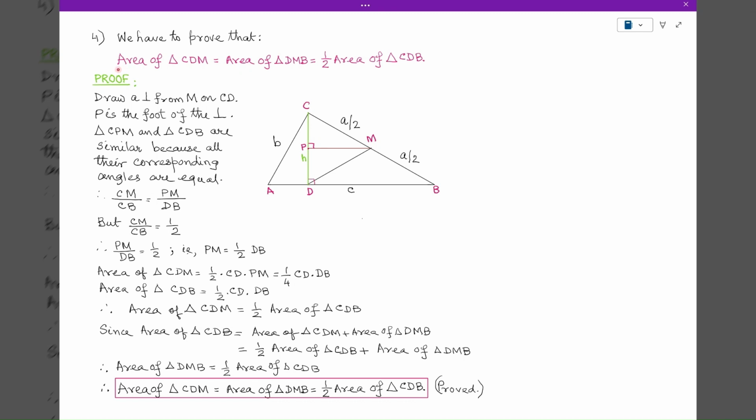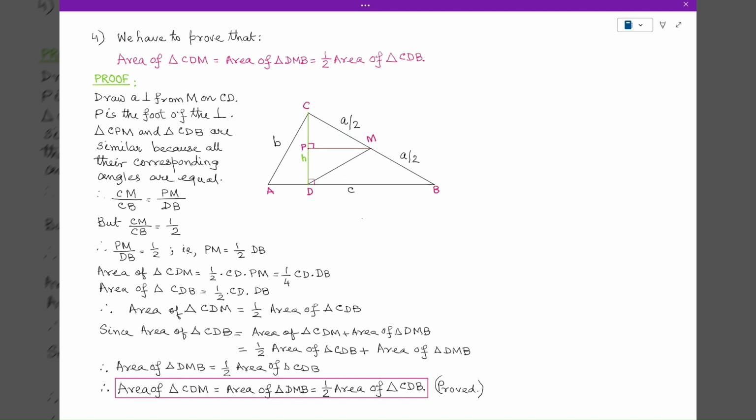Finally, we have to prove that area of triangle CDM is equal to area of triangle DMB, and both are equal to half area of triangle CDB. That is, area of CDM triangle is equal to area of the triangle DBM, and both these triangles' areas are equal to half the area of the bigger triangle CDB.